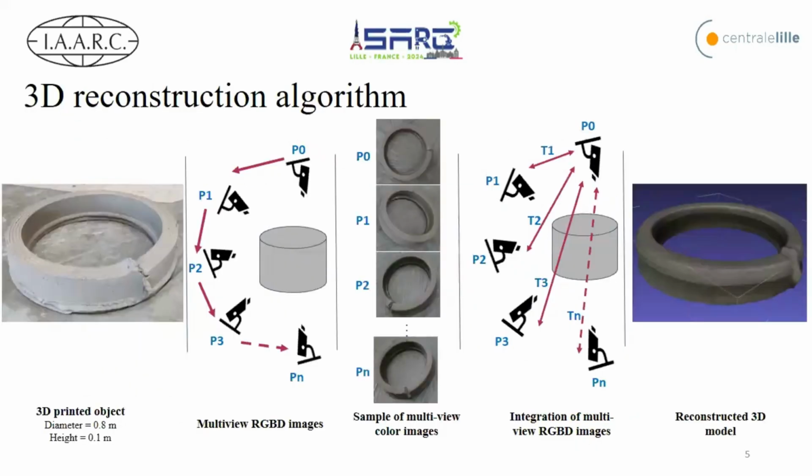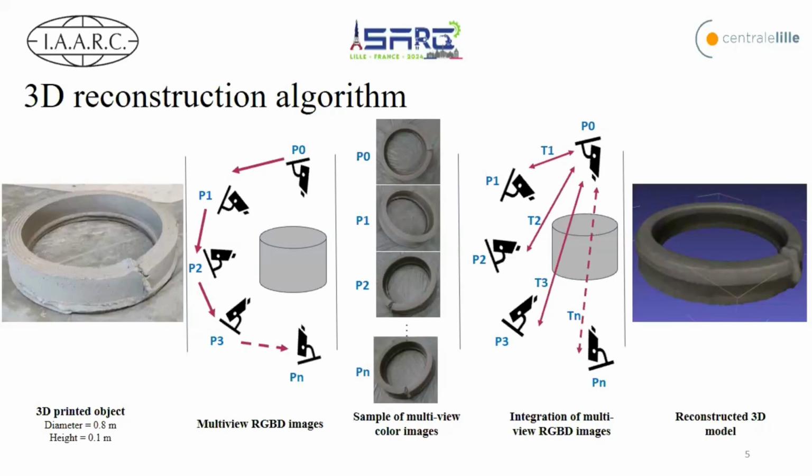The algorithm starts by considering the 3D printed object as shown here, with a diameter of almost 1 meter and a height of 0.1 meter. We go with the camera around the printed object and capture multi-view images that are pairs of color images and depth maps.